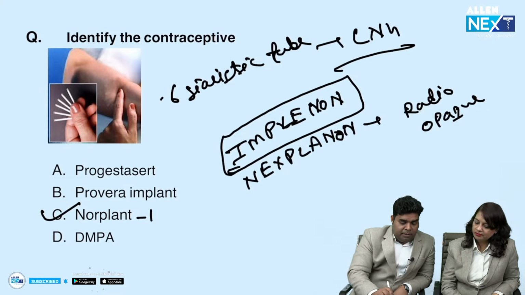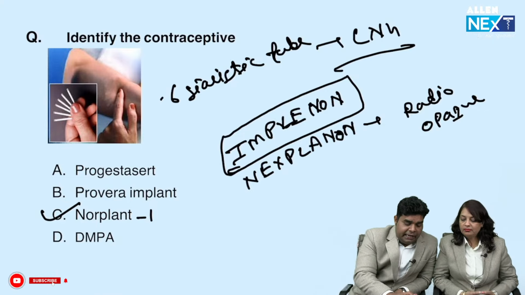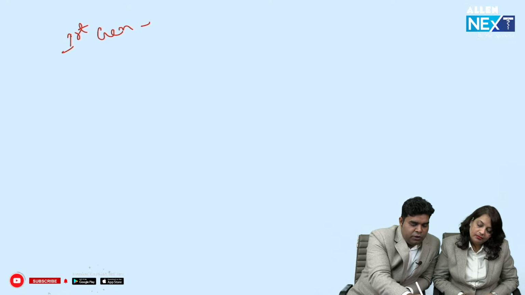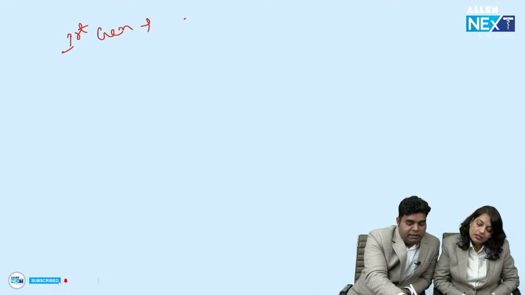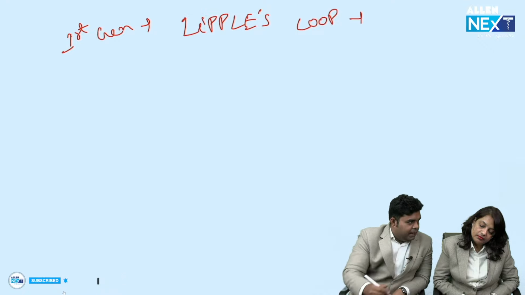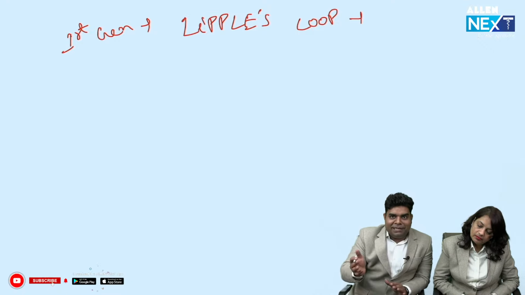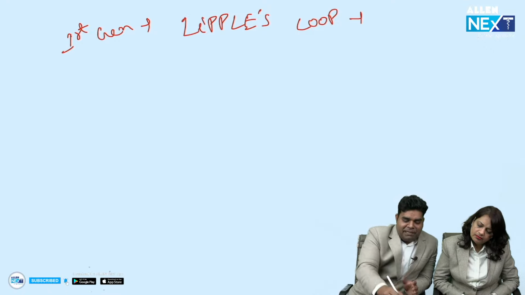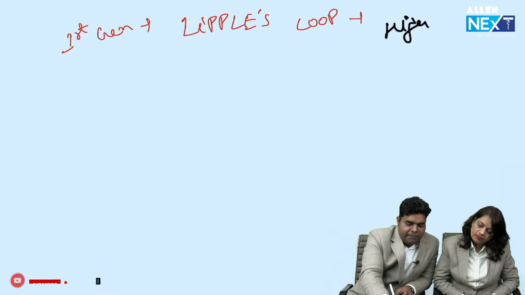Okay. When we read IUCD, there was a first generation IUCD which we don't use anymore. That was Lippes loop. Initially they covered Lippes loop with barium also to make it radio-opaque. But the problem is that Lippes loop has a very high expulsion rate.